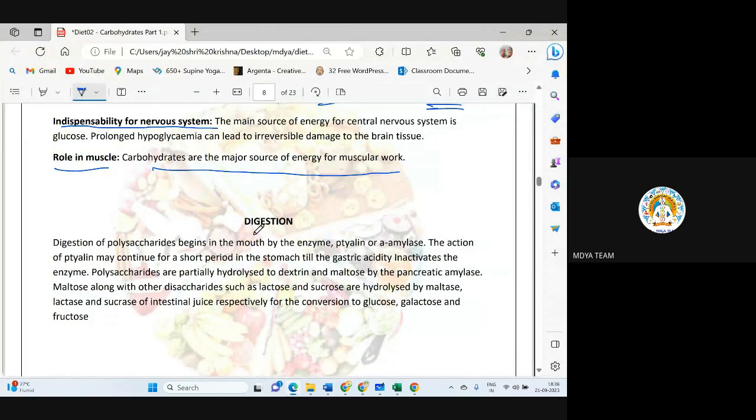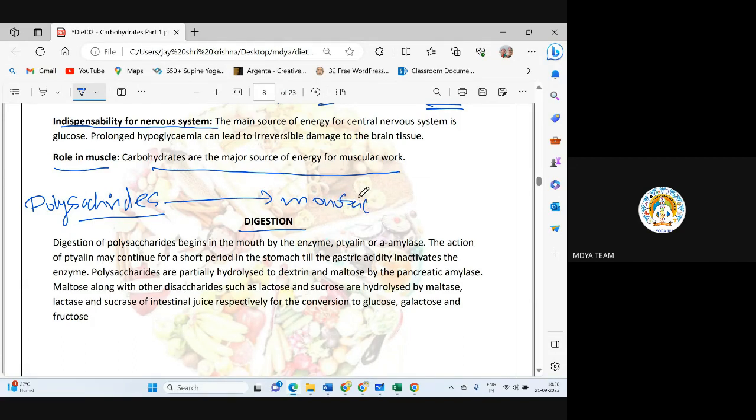So now we will move towards digestion of carbohydrate. As carbohydrates are polysaccharides, most of the carbohydrate, like starch, wheat, and potatoes, is present in polysaccharide form. Polysaccharide does not directly break up into monosaccharide.